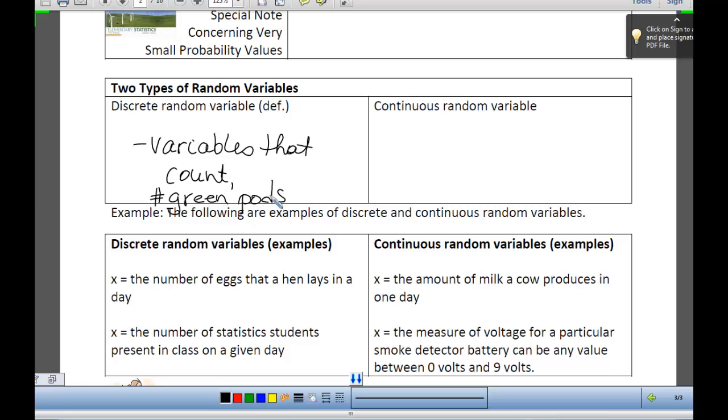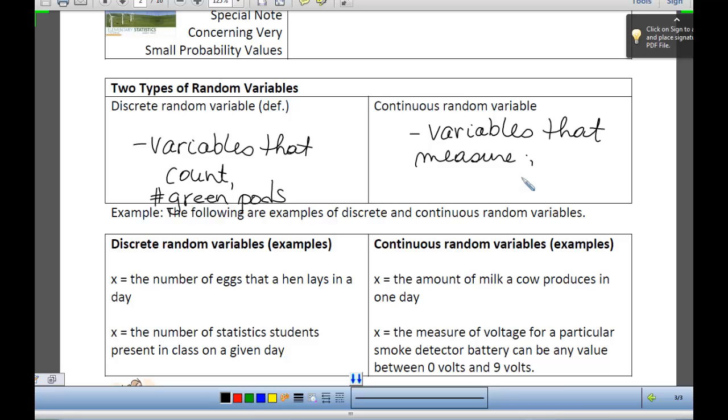Versus continuous, we said those are things that we generally do what to? Variables that measure. Okay, and they can take on any value within a certain range. So we talk about height and age. Well, depending on how you measure age, but height.